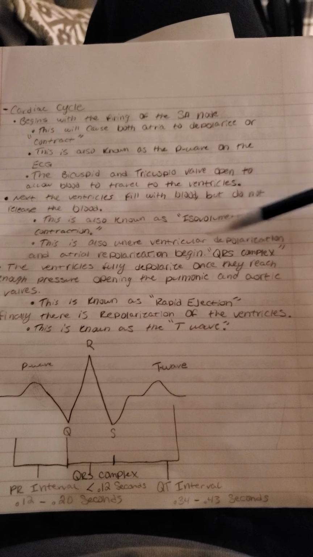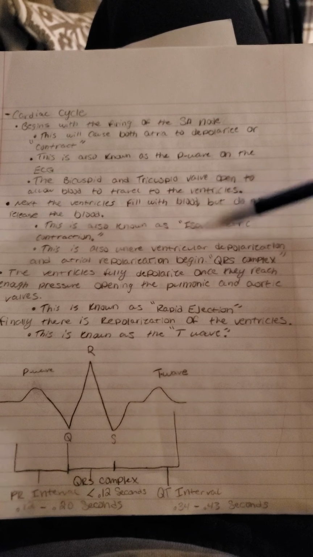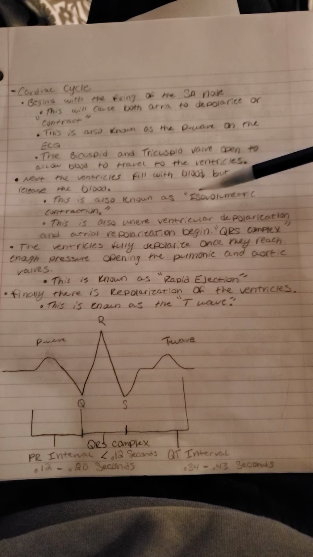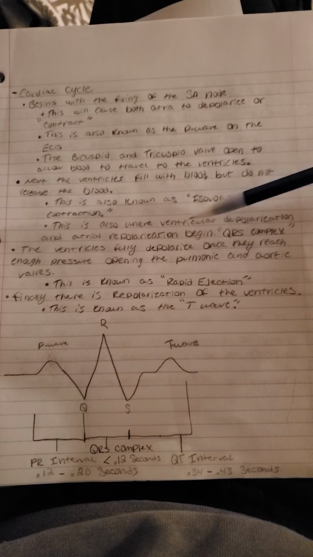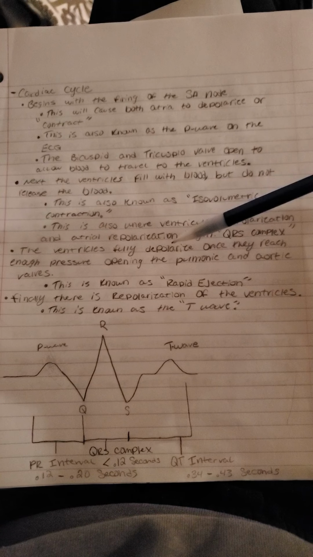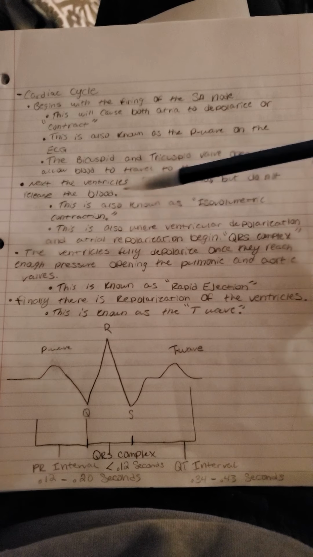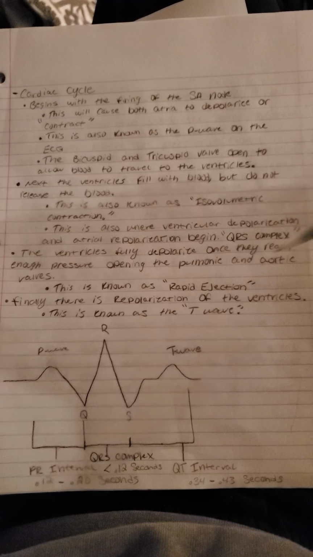So it begins with the ventricles filling with blood, but not releasing quite yet. This is prevented by the AV node, but we'll get into that. The ventricles fully depolarize once they reach enough pressure. The pressure in the ventricles becomes greater than the pressure in the atria, and that will open the pulmonic and aortic valves.